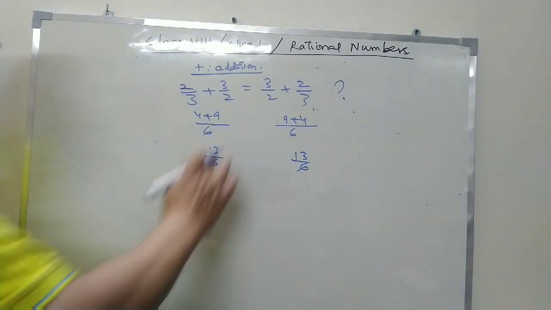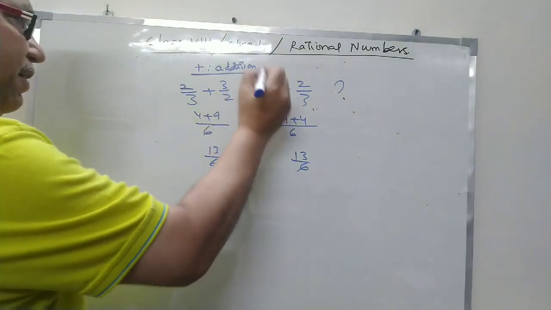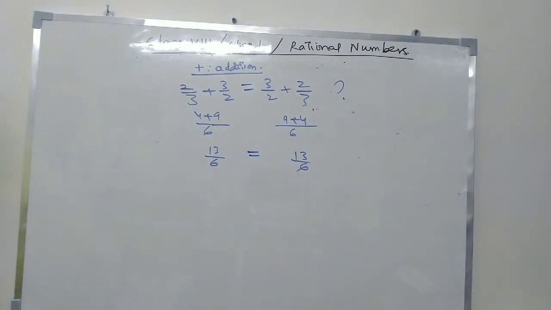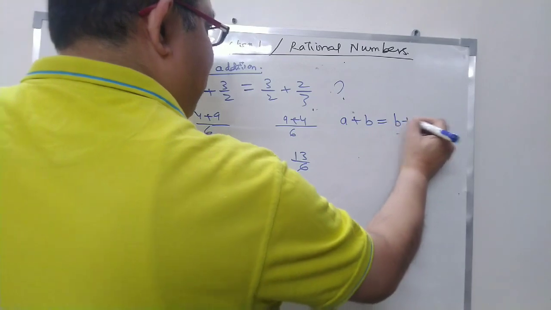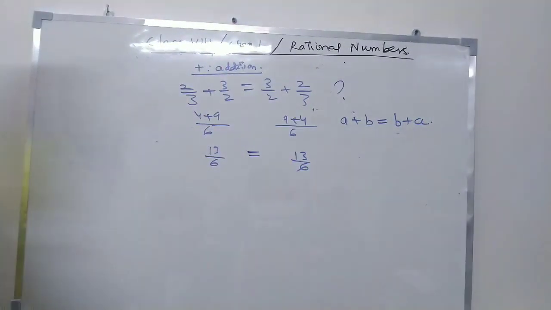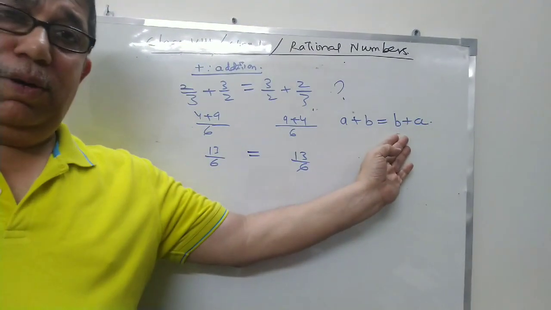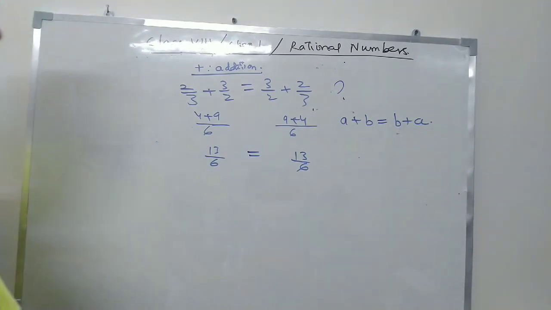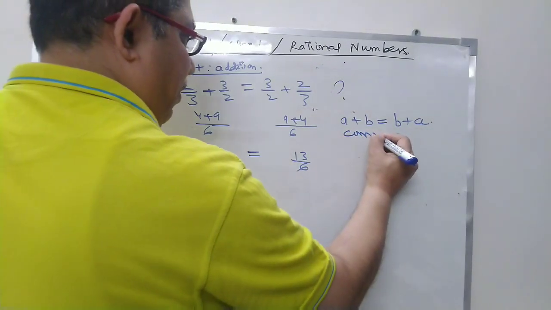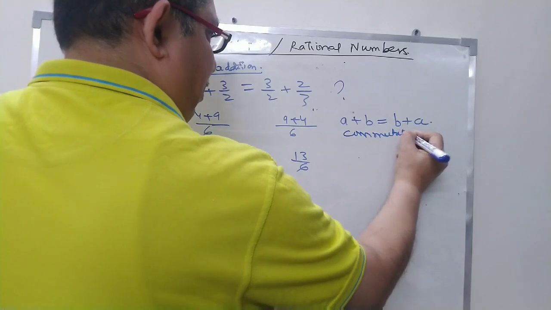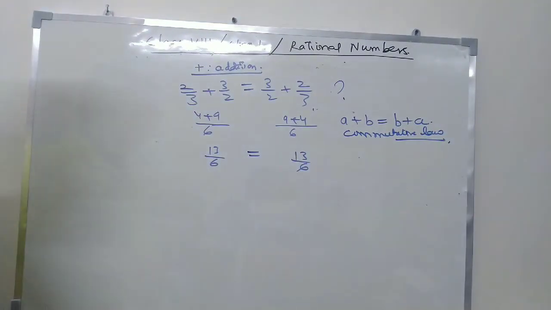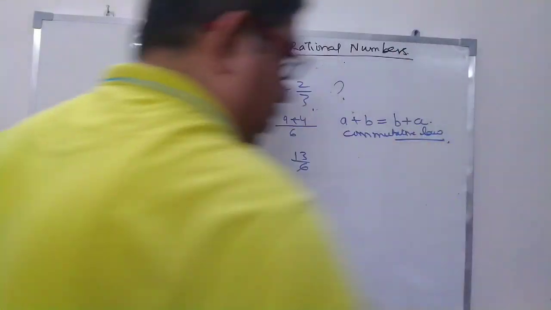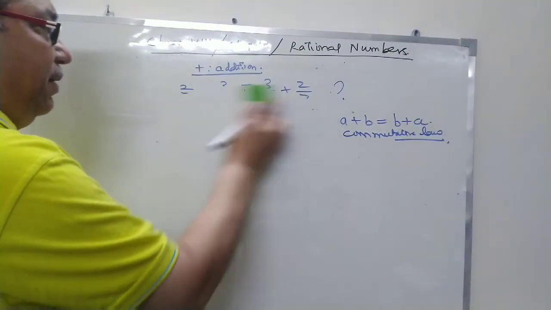So yes, it is correct that they are equal to each other. That means A plus B is equal to B plus A. This was commutative law. So you can see this commutative law is holding. Now we'll talk about whether associative law is holding or not holding. Let's see.